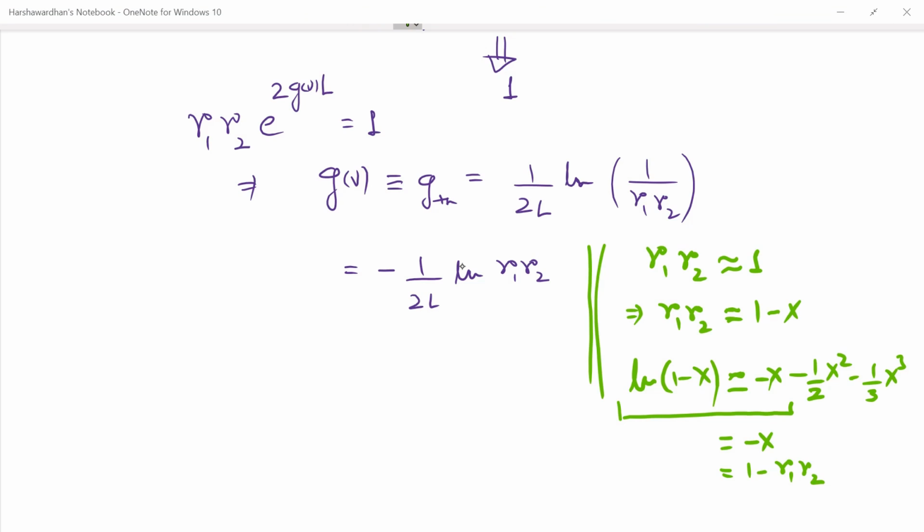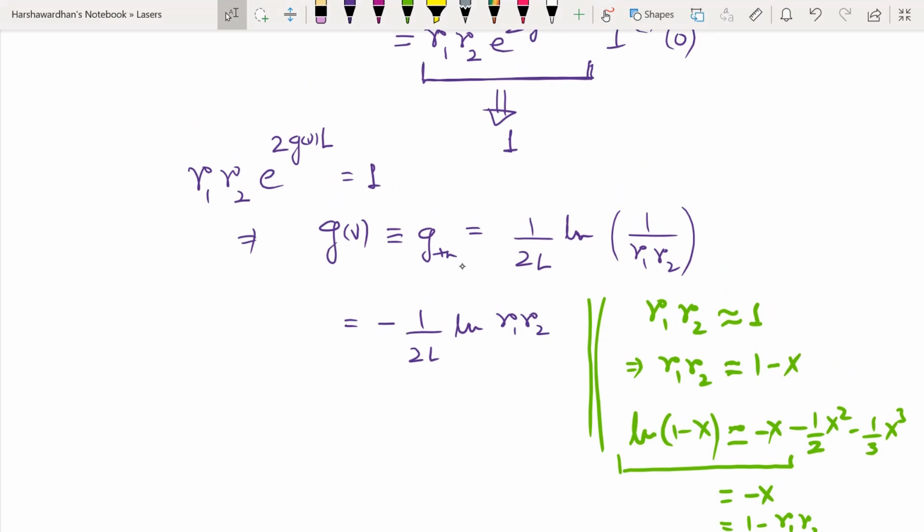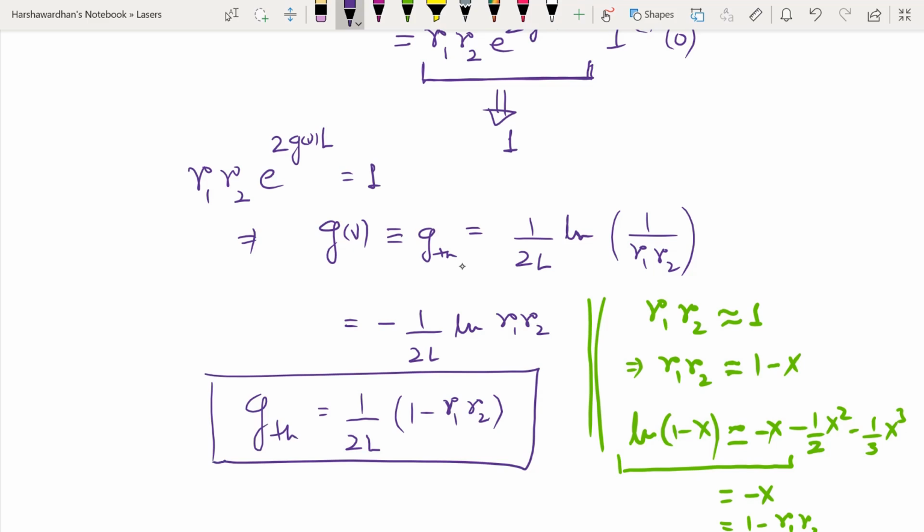So I can write this out as the gain threshold is 1 by 2L times 1 minus R1 R2, typically when the reflectivities are very high. So this is a very important quantity.